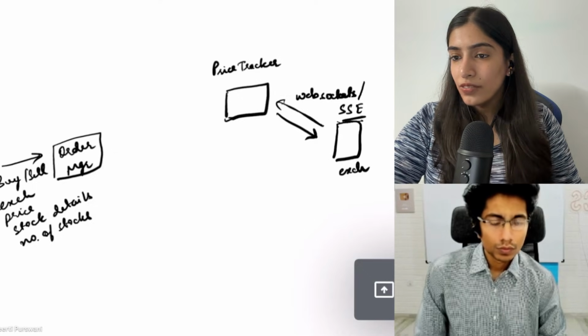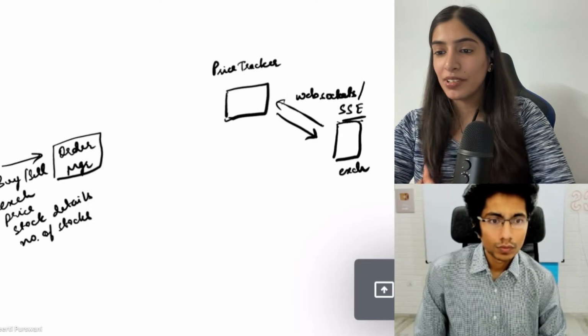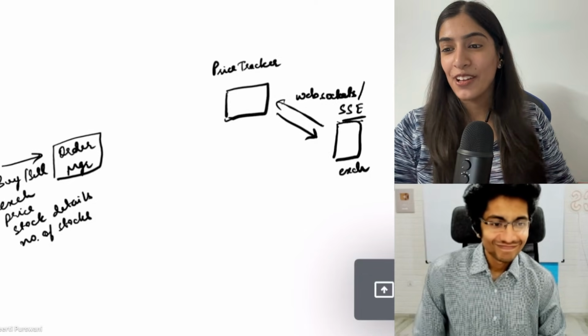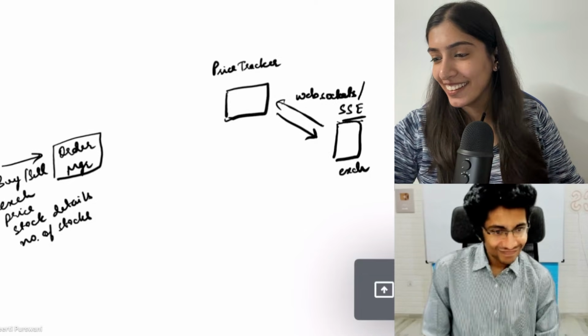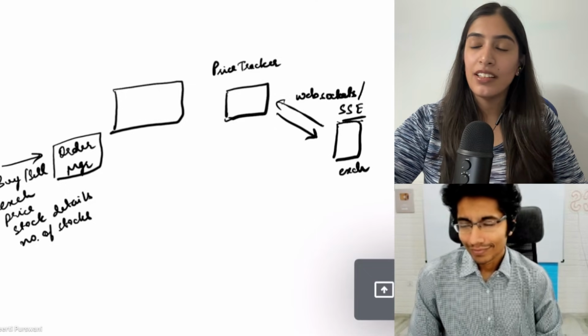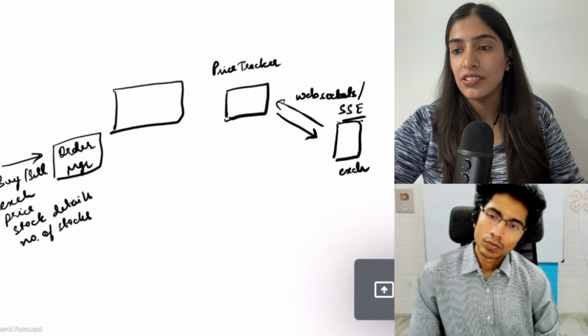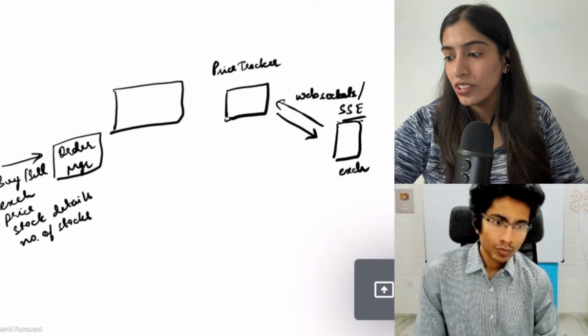Now from here, we will need to validate the order. My low level design also looked very similar to this. I'm just making services out of the classes right now. So here there is going to be, actually this is a very important service in any stockbroker app, maybe risk manager or validator, whatever you need to call it.